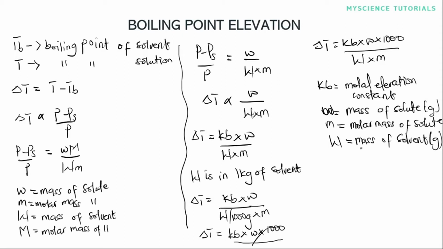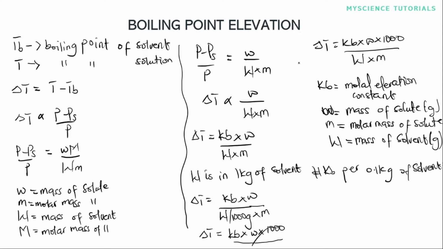Also in grams. Now, there are some cases where the value of Kb may be given per 0.1 kilogram of the solvent. When this happens, it means instead of dissolving the solute in 1 kilogram of the solvent, this time around they are dissolving it in 0.1 kilogram, which is 100 grams of the solvent.